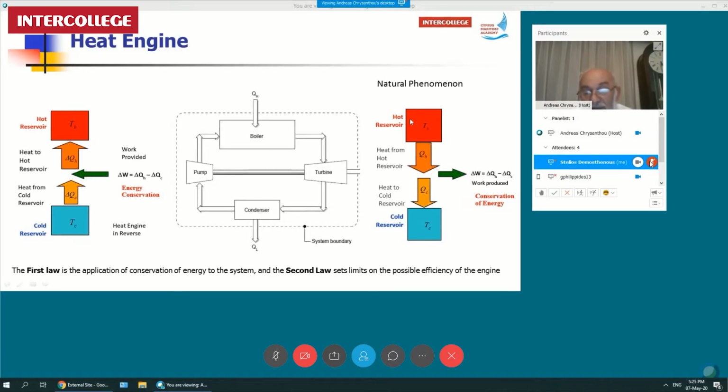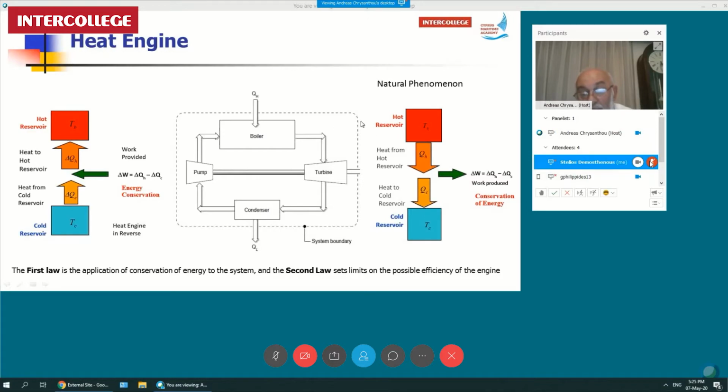There you can see again, clearly, that the higher reservoir and the lower reservoir, which are the boiler and the condenser, produce steam which passes through the turbine. And by the first law of thermodynamics, the work done, produced here, is equal to the heat supplied from the boiler minus the heat that goes down into the condenser.